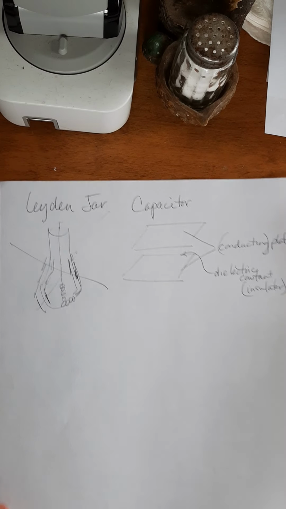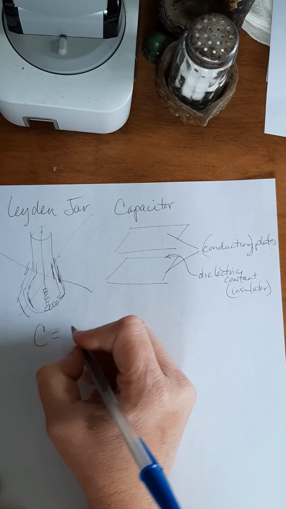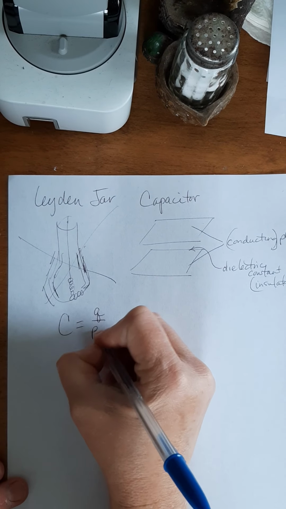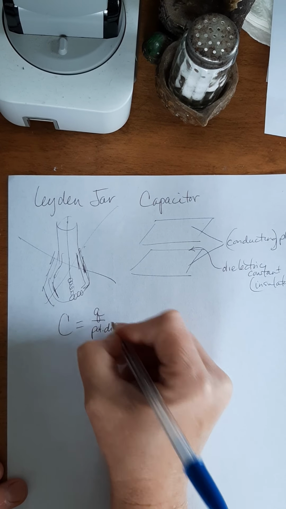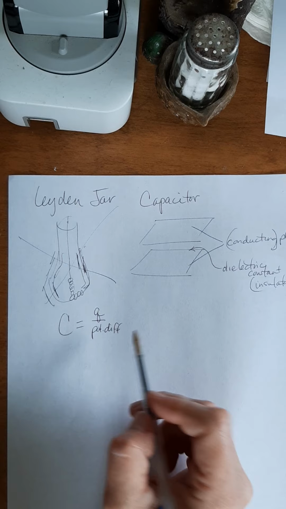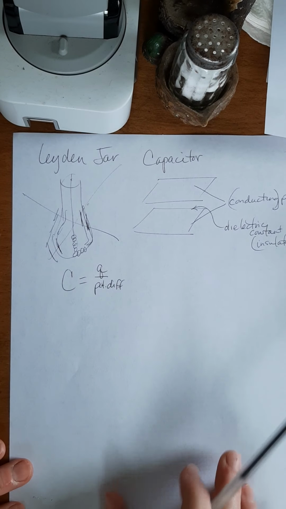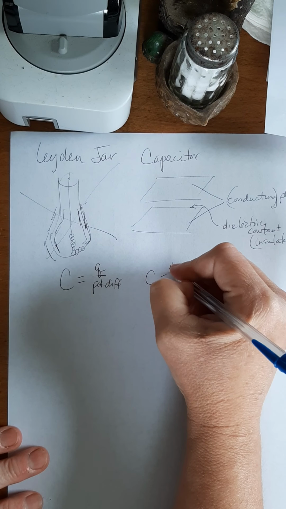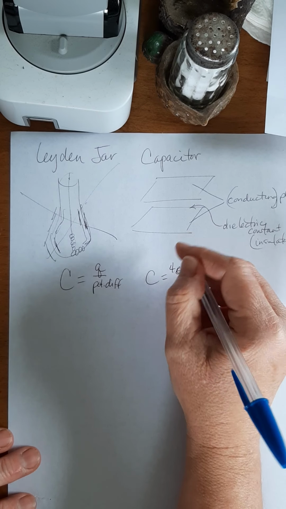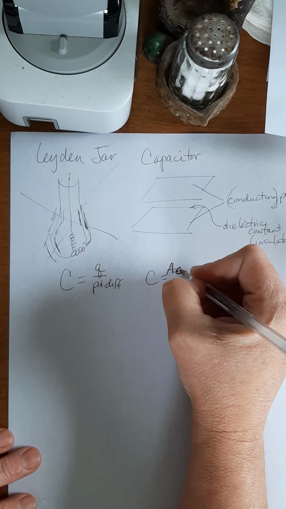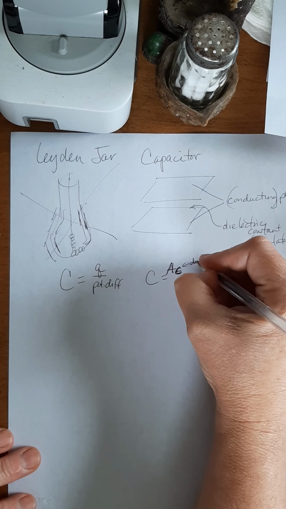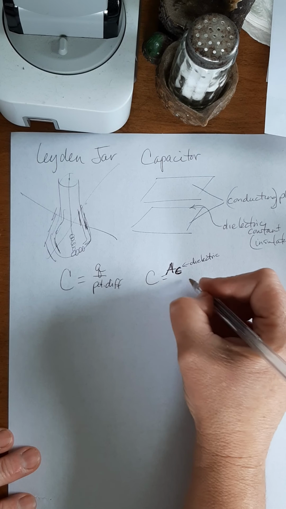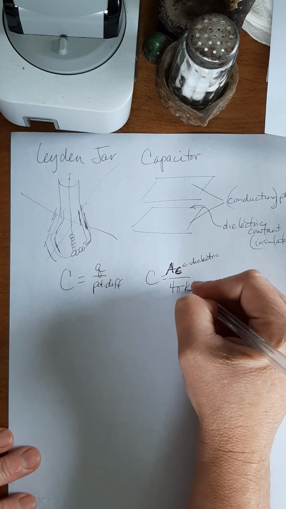And as far as the formulas for it, you've got the charge per potential difference. You wouldn't have to find the potential difference with the other formulas and then plug into this formula. They literally give you the potential difference, or that's what they want. But the formula that you probably will use the most is epsilon, which is the dielectric constant, A is the area of the plates, over 4 pi kd.